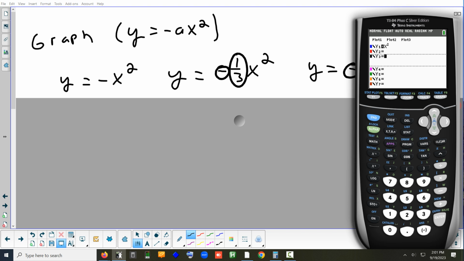Okay, so I'm just going to do x squared, and then I'm going to do negative x squared. I'm just doing the first one. There's the original. And now the new one is opening down, and it's been reflected over the x-axis.